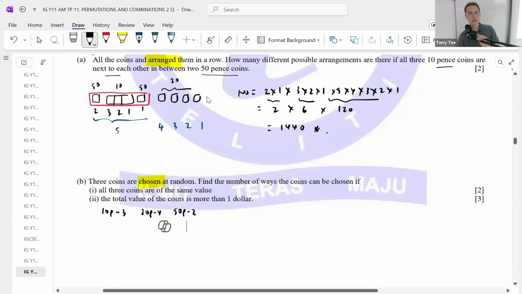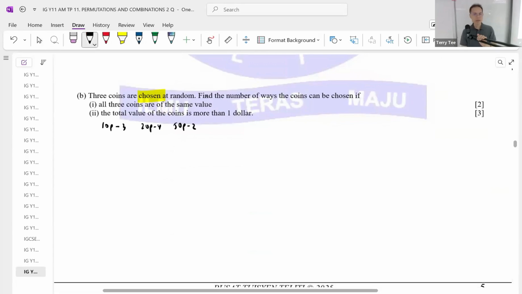So when I say all 3 coins are of the same value, what does that mean? Guys, what does that mean? I can choose all 3 from 10 pence, or all 3 from 20 pence. So can you choose 3 from 50 pence? No, not enough. I only have 2.